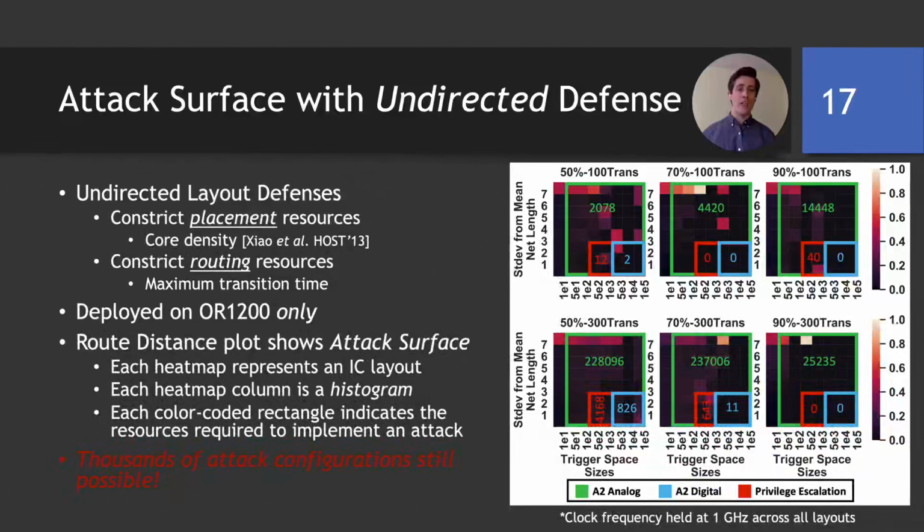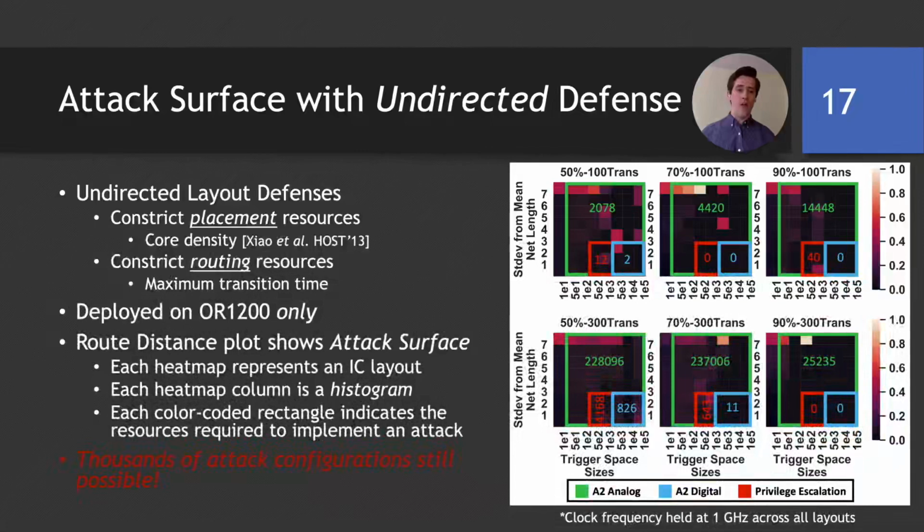Each column within each heat map is a histogram of the distances between unused placement sites of a given size, indicated on the x-axis, and unblocked security critical nets. Distances, indicated on the y-axis, are reported in standard deviations from the mean net length observed in a given layout, since wire lengths are always relative to a layout.